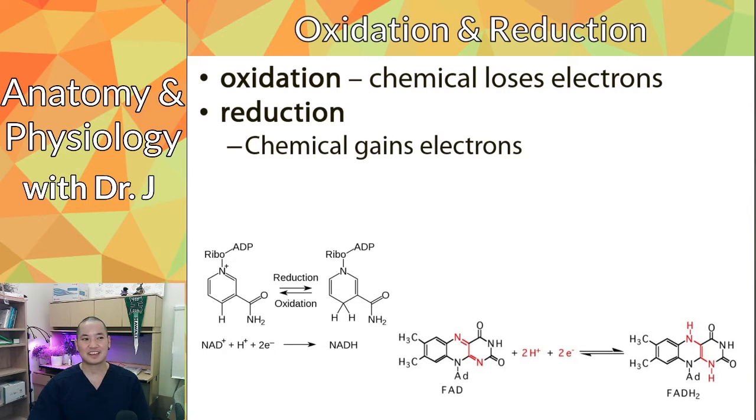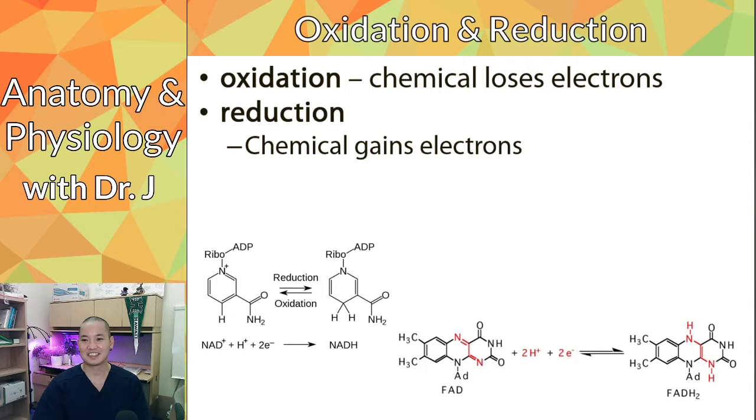And this is kind of counterintuitive at first. We're like, wait, reduction? I usually think of reduction as decreasing something. So you're saying it gains electrons, but it's a reduction? Well, reduction refers to the electrical charge of the molecule in this oxidation reduction.